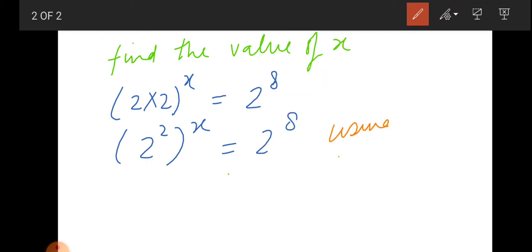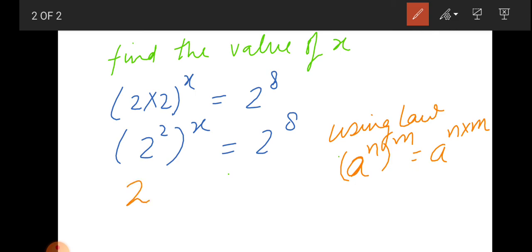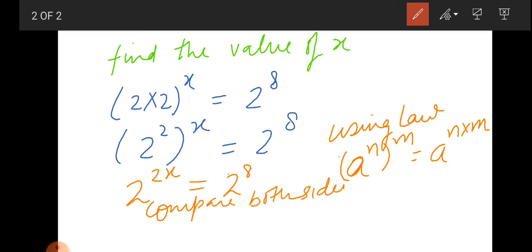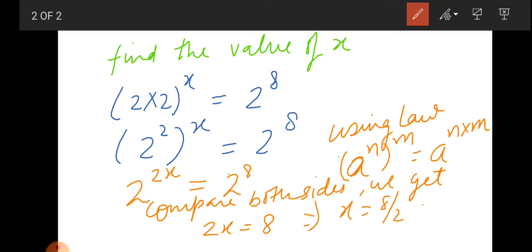Using the law a raised to the power n raised to the power m is equal to a raised to the power n into m, this can be written as 2 raised to the power 2 into x, that is 2x, is equal to 2 raised to the power 8. Now compare both sides. We get 2x is equal to 8, which implies x is equal to 4.